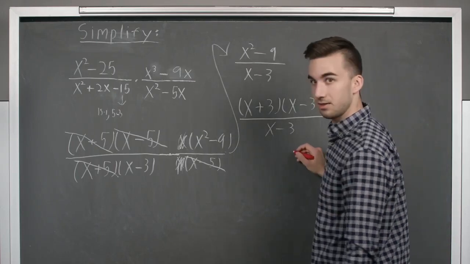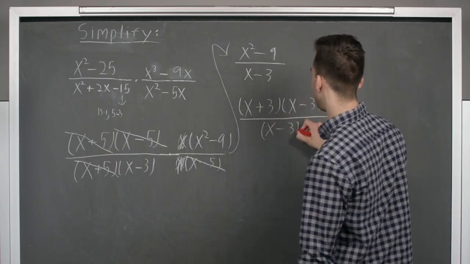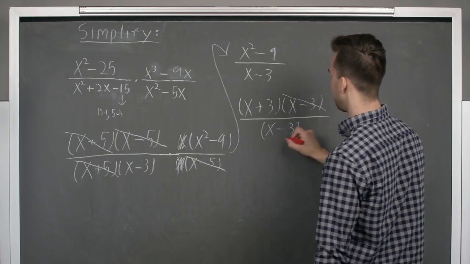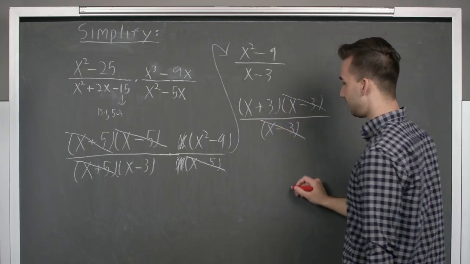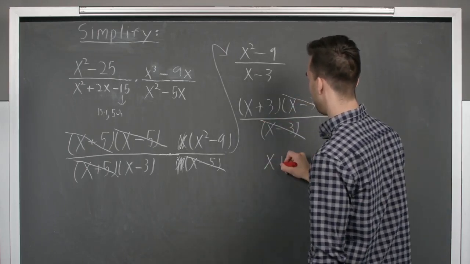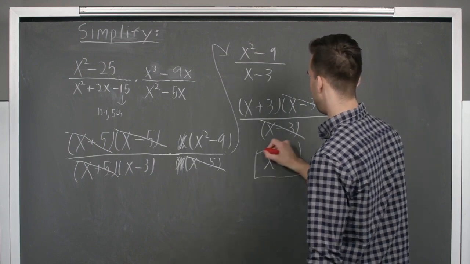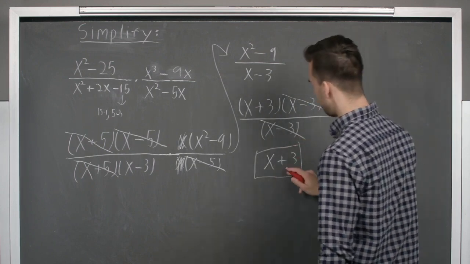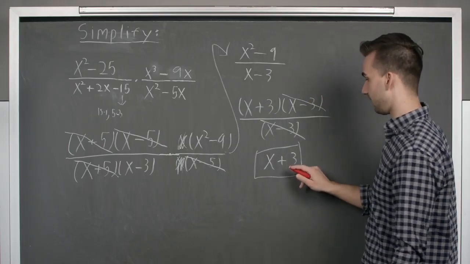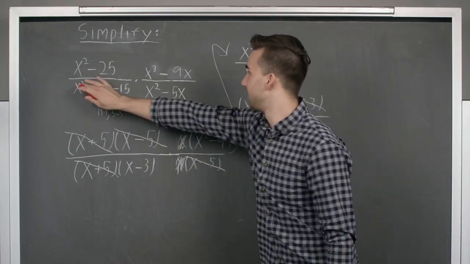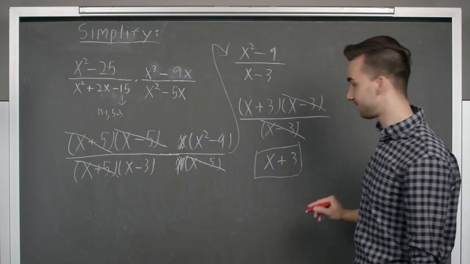And what can we do? We can cancel, right? We can cancel that. And that leaves us with x plus 3, which we can't simplify any further. Now, I don't know about you, but I would rather have this than what we started out with.